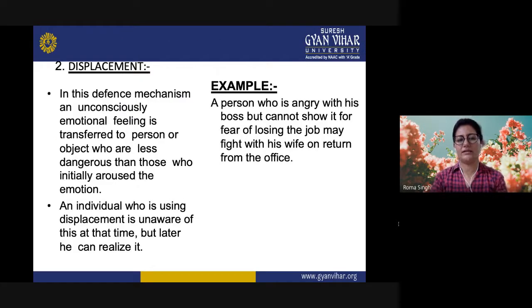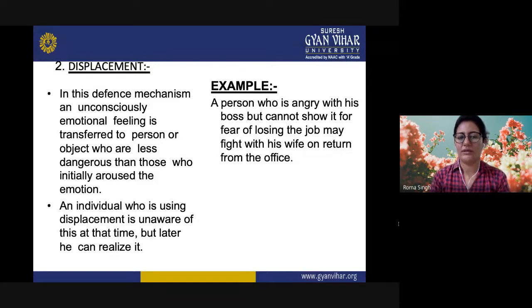Now, the next negative defense mechanism is displacement. In this defense mechanism, an unconscious emotional feeling is transferred to a person or object less dangerous than those who initially aroused the emotion. An individual who is using displacement is unaware of this at that time, but later he comes to realize it.